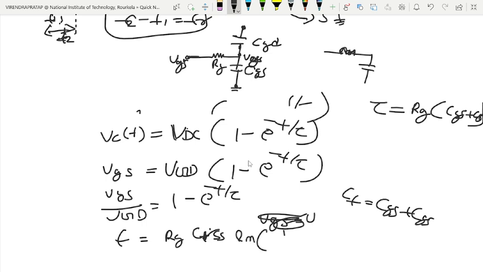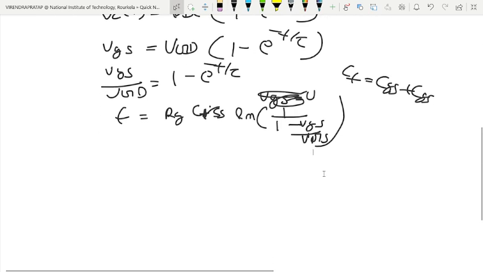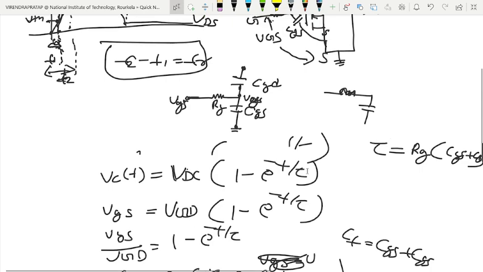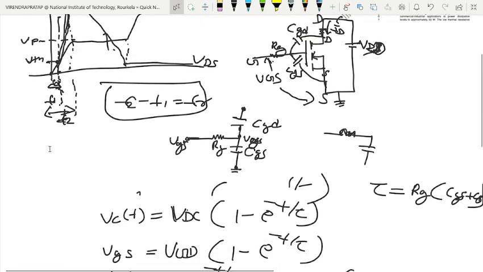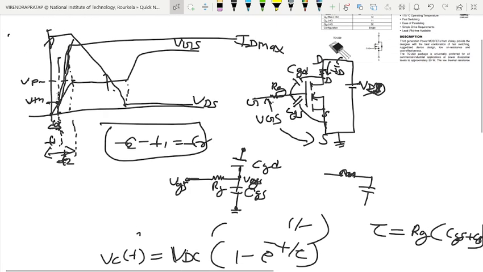ln of 1 minus VGS threshold by VGS. Suppose that we need to find out this delay time. Then during the delay time, the initial VGS value is zero and the final value is the threshold value.